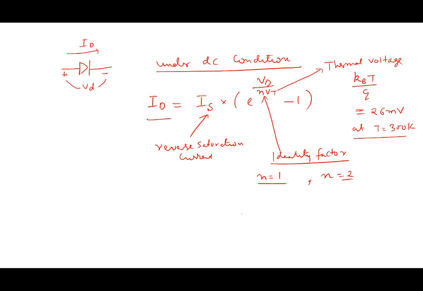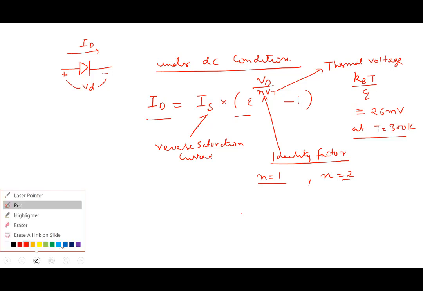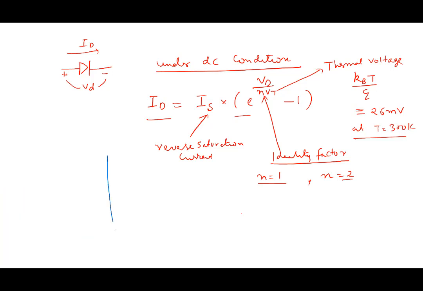Now, if I were to plot this equation, how would it look? If I plot I versus V, there is a current here, which is basically how much?